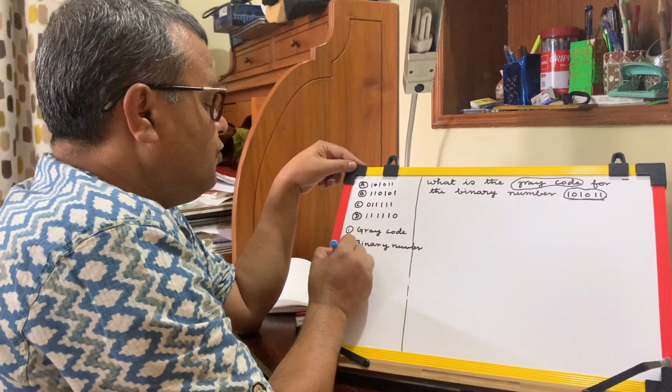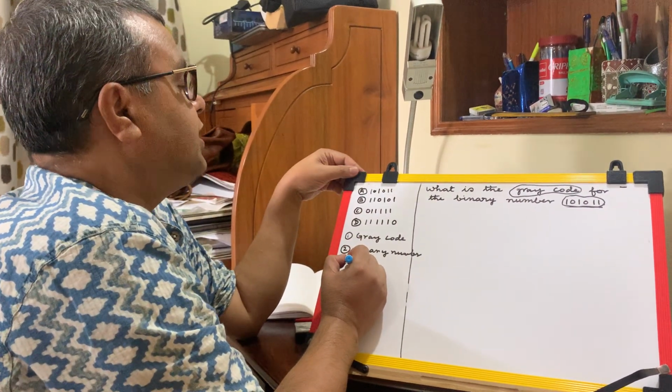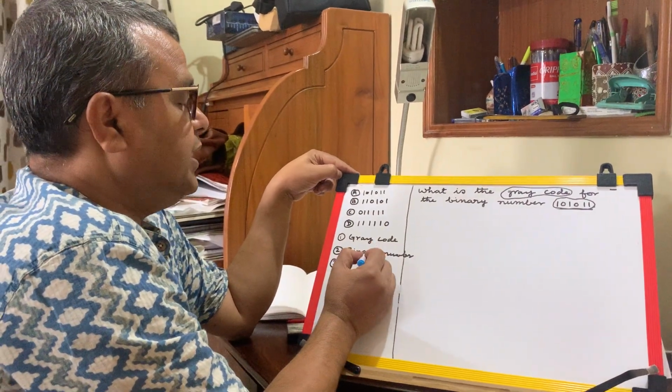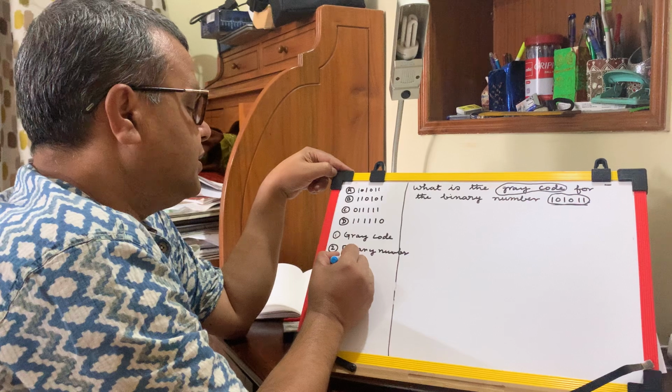Then third is to find a general solution for how to convert a binary number to gray code.